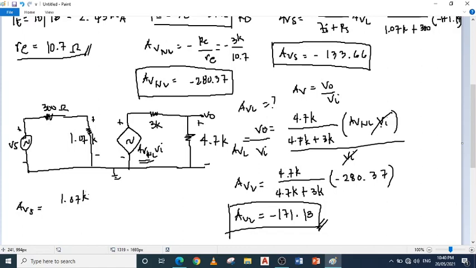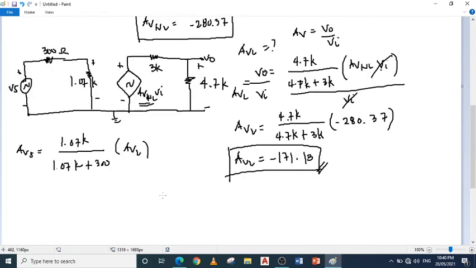So, ZI, which is 1.07K, divided by 1.07 kilo plus 300 times AVL, which is ito. Okay? Then, substituting the value and then computing it.